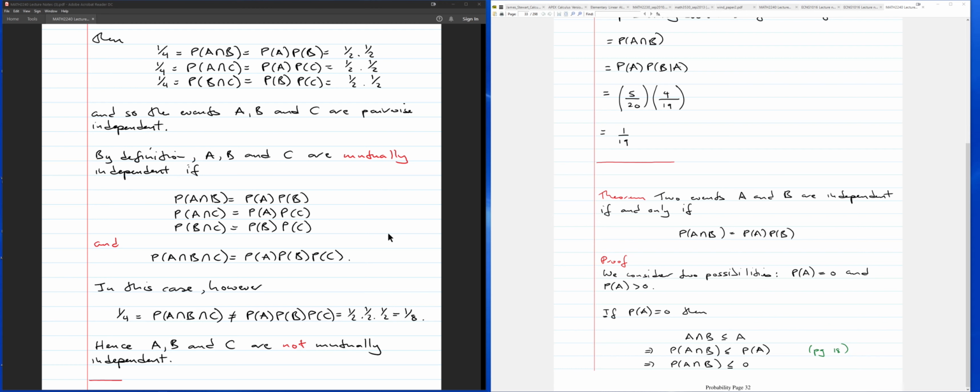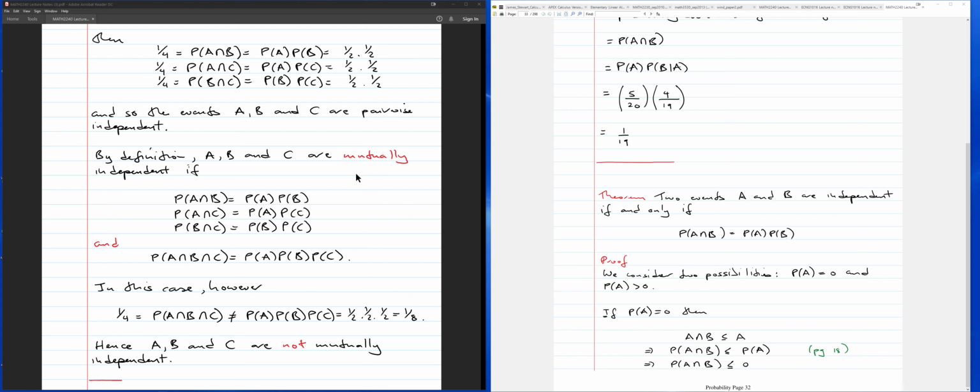So this is when you have two sets, and this is when you have three sets. If you have three sets, the definition we're using is really the same independence, but if it's three or more sets, then technically you'd want to use the term mutually independent.